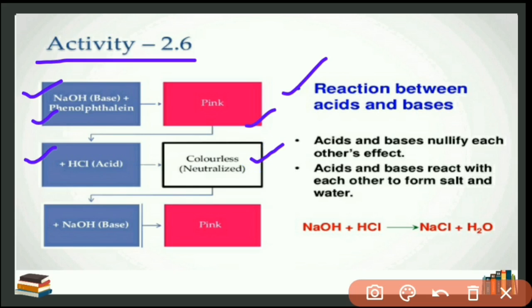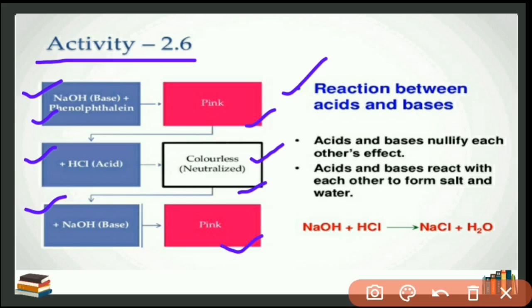So we can say that the acid nullifies the effect of the base, and then when we add strong base again to the above solution, the solution becomes pink in color.